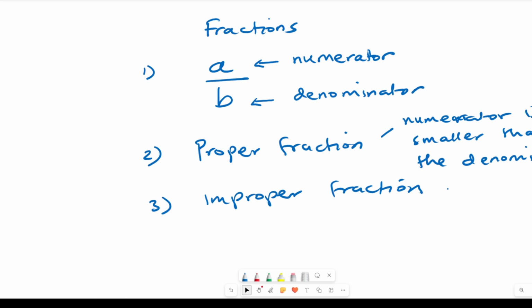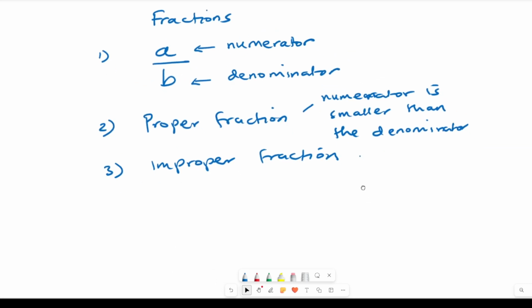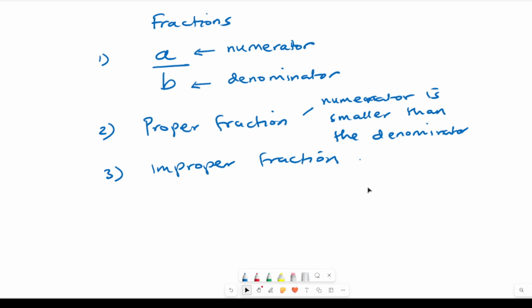Okay, so you see how useful it is for us to know the parts of a fraction. So I can simply define what a proper fraction is by referring to the magnitude of the numerator and comparing it to the denominator. So it's as simple as that. A fraction where the numerator is smaller than the denominator is a proper fraction.